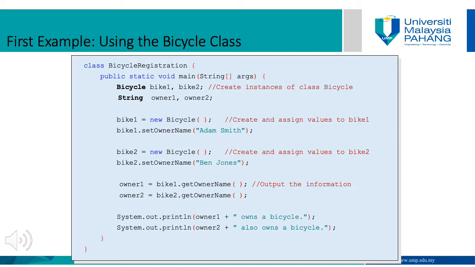The second output will be owner2, which reads bike2.getOwnerName, and bike2 is Ben Jones. So we will print the output for owner2, which is Ben Jones. Ben Jones also owns a bicycle.